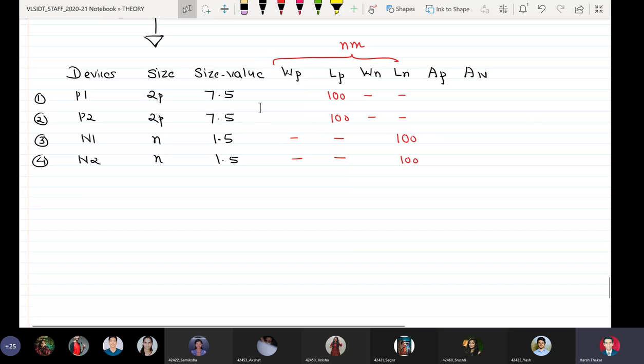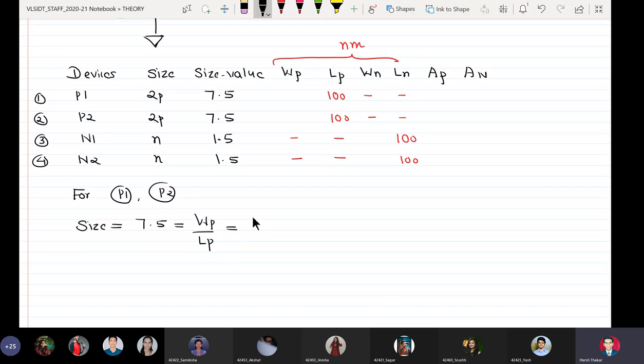So for P1, P2, size is 7.5 equal to WP by LP equal to WP upon 100 nanometers, which gives us 750 nanometers. So we have 750 here.